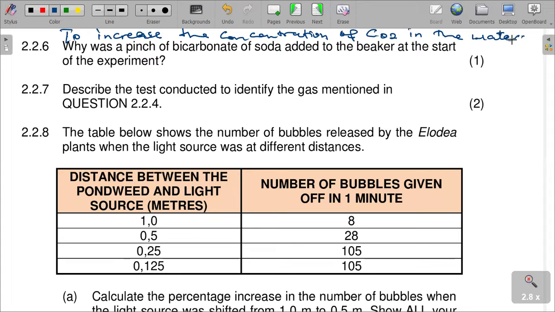That is why we add the pinch of bicarbonate soda.